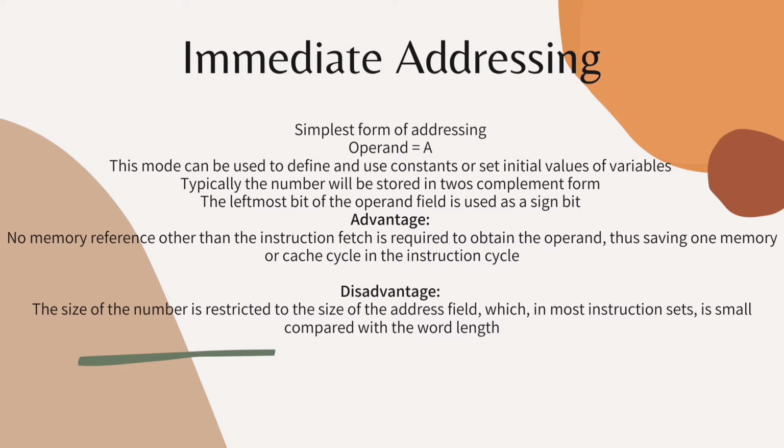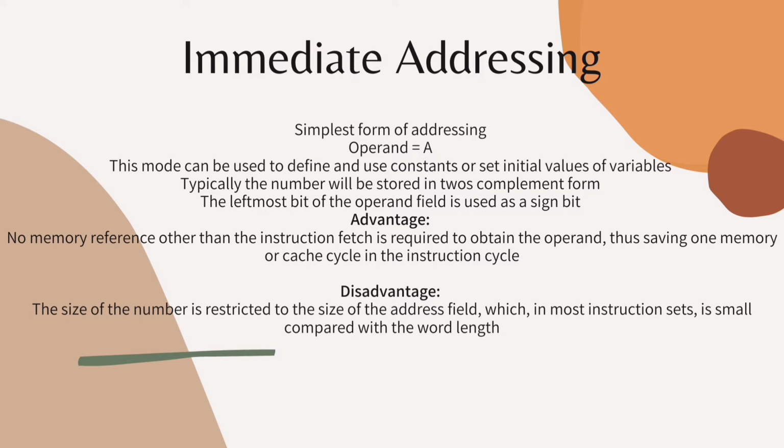First, immediate addressing. This mode can be used to define and use constants or set initial values of variables. Typically, the number will be stored in 2's complement form, and the leftmost bit of the operand field is used as a sign bit.